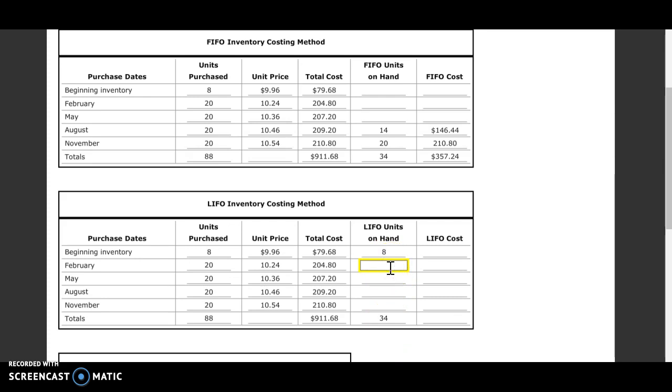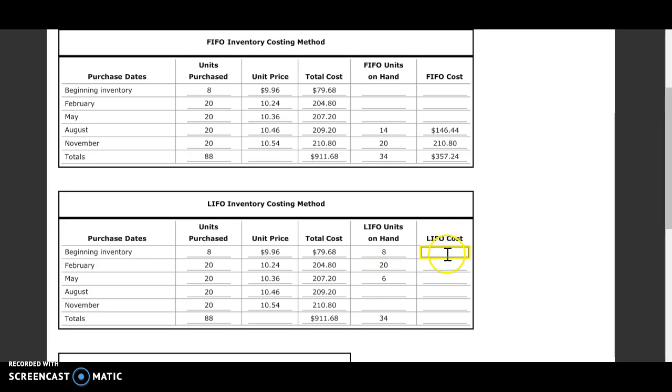That tells me I still have 26 in my inventory that I need to figure out. So that tells me 20 I'm going to use from that February. So subtract 20 from that. I have 6 left. So now I'm going to use 6 from that May purchase. Okay, so here's going to be my total 34. These 3 together will total 34, and that is my ending inventory.